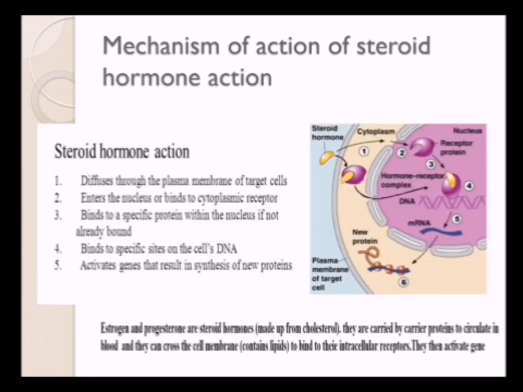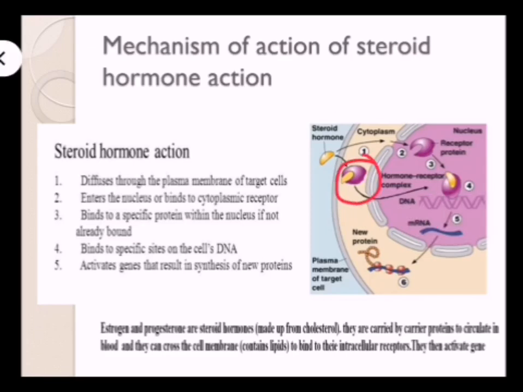Now, how does a steroid hormone act? Steroid hormones, as we said before, are made up of cholesterol. Because they are made up of cholesterol, they can cross the phospholipid bilayer. So any steroid hormone can first diffuse through the plasma membrane of target cells. It enters the cell and binds to a certain receptor, as you can see here.